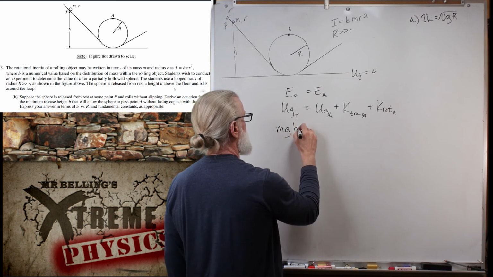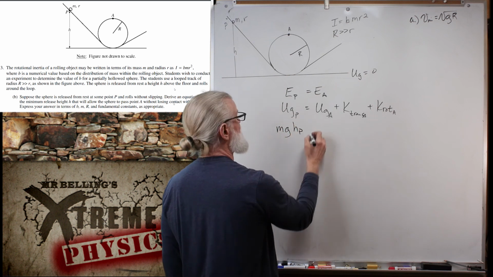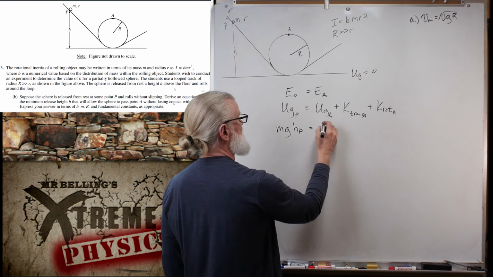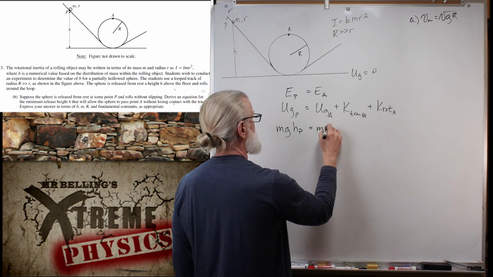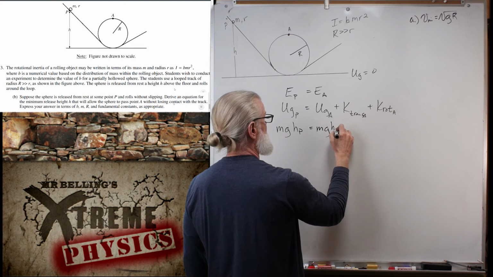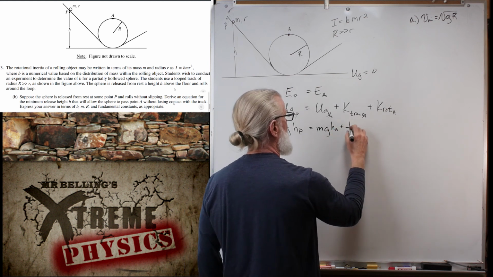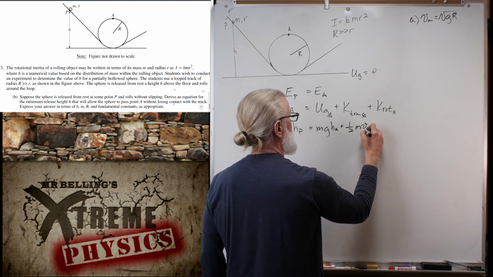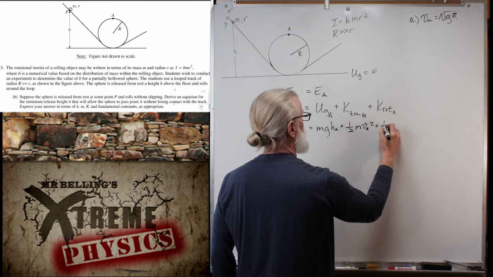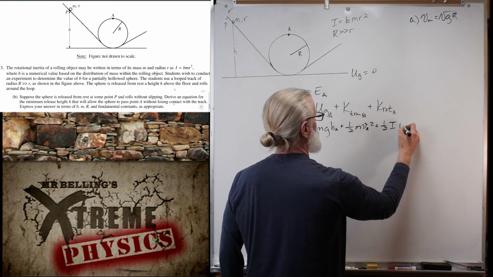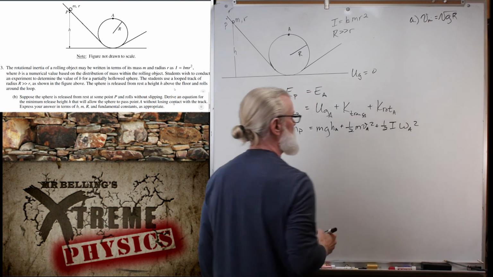m g h_P equals m g h_A plus 1/2 m v_A squared plus 1/2 I omega_A squared.